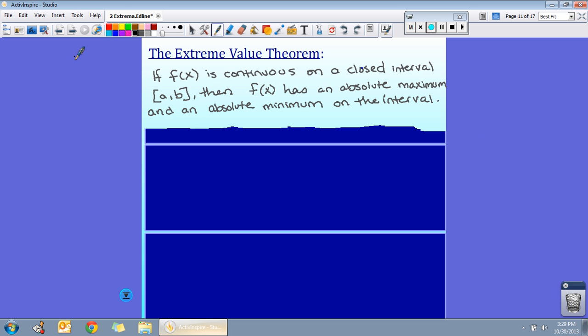So basically, if you have a graph and it's on a closed interval, you're going to have an absolute maximum and an absolute minimum. Absolute max is the highest y value on the graph, and absolute minimum is the lowest y value on the graph.